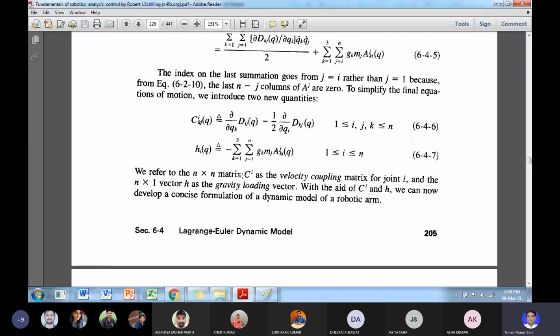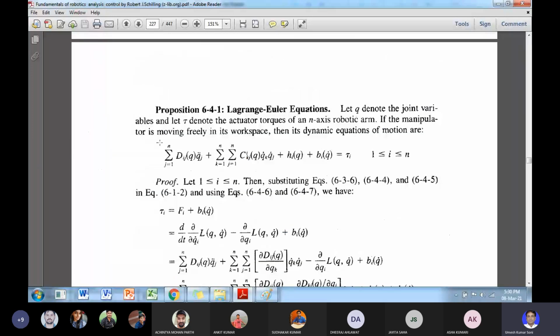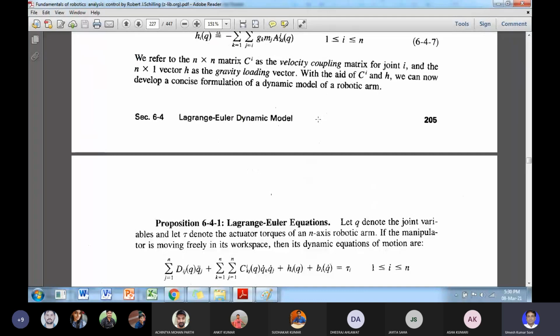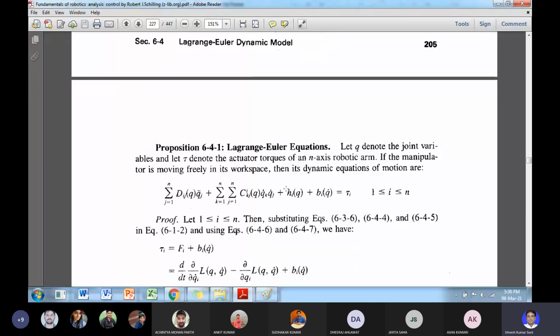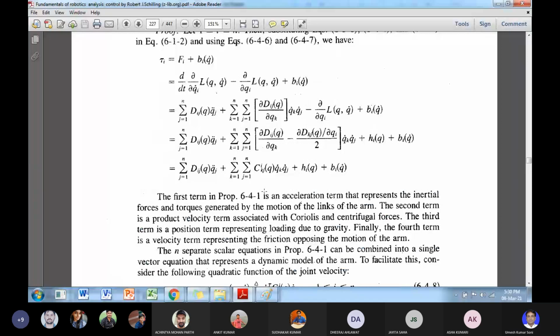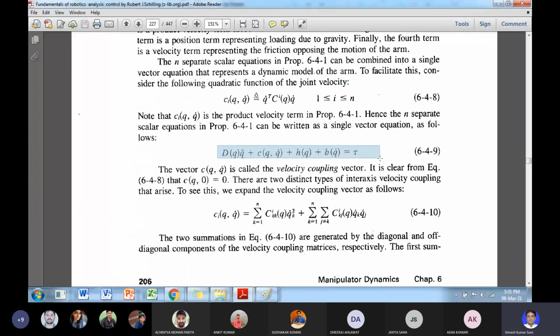So the complete Lagrange equation is given by this term, that is the derivative of the Lagrange function with respect to q_j dot. The first term, this is the second term, this is viscous friction, this is the effect, and this is the velocity coupling matrix. So the complete equation has been defined like this.